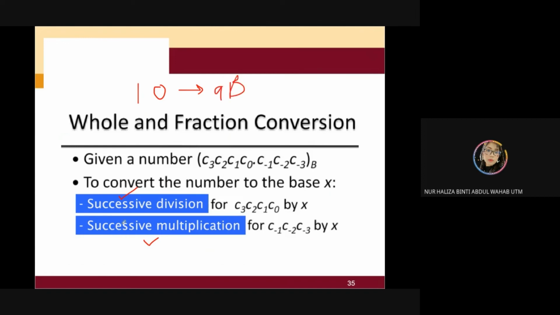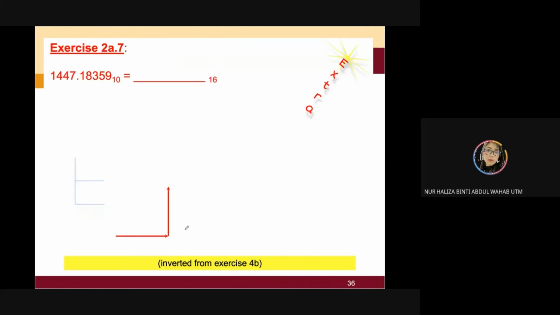To any base, you're going to use two methods. First, successive division for your whole number, and successive multiplication for your fraction number. If you have both the whole and fraction parts, you need to do two methods, so your steps will be quite long.